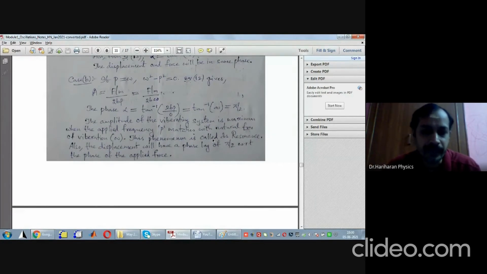Sometimes by chance, if it coincides with one of the modes of vibration, then the hanging bridge may vibrate with a large amplitude and it may break. So to avoid damage, to avoid resonance, military soldiers do not march fast when they walk across a hanging bridge.